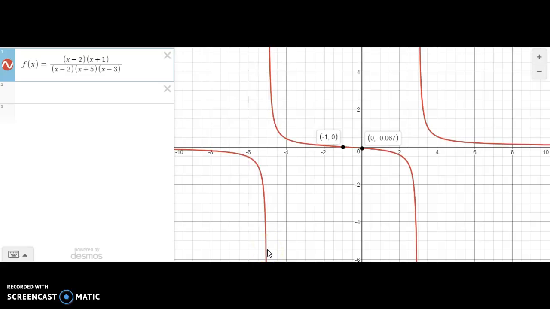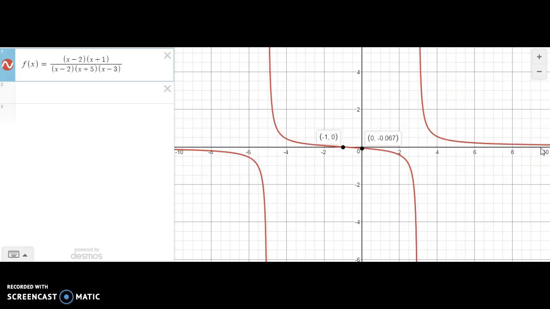And then for your horizontal asymptote, it's going to be y equals 0. And y does equal 0 right here, but this middle part is not in play when looking at the horizontal asymptotes. And you can see here, it is approaching 0 but doesn't actually reach it.